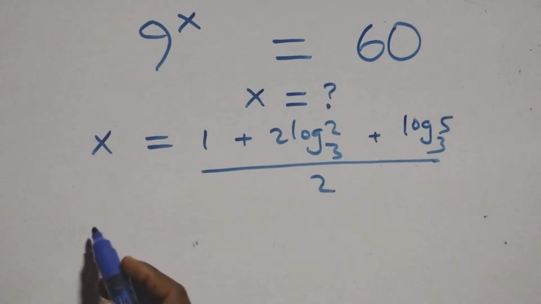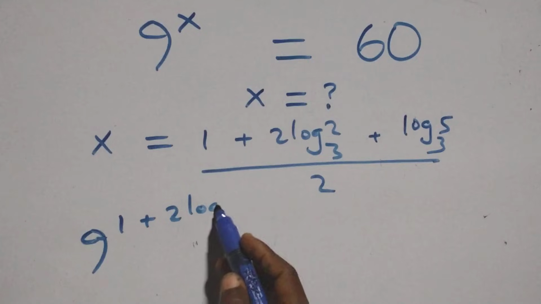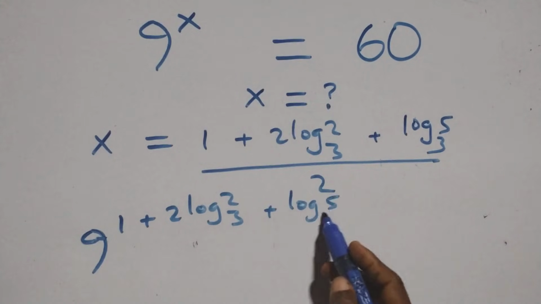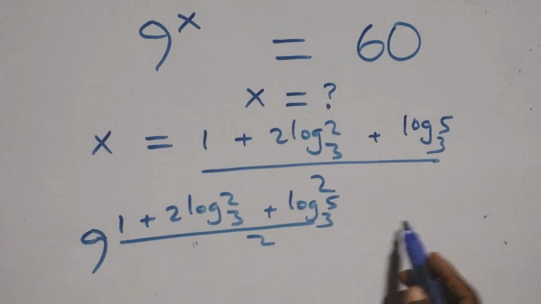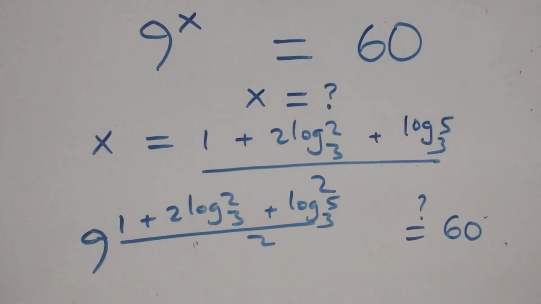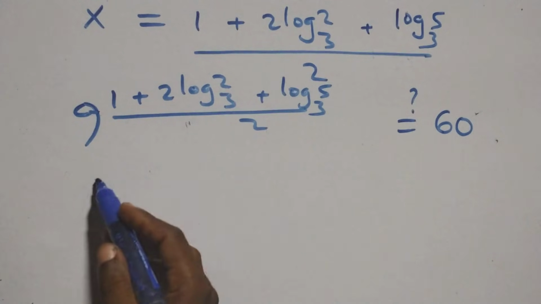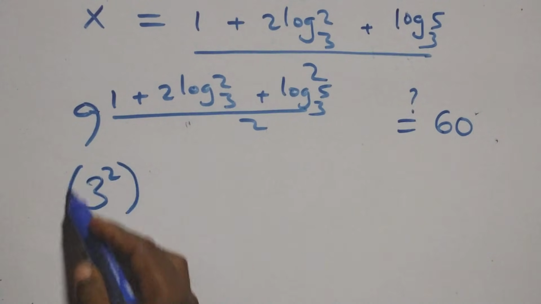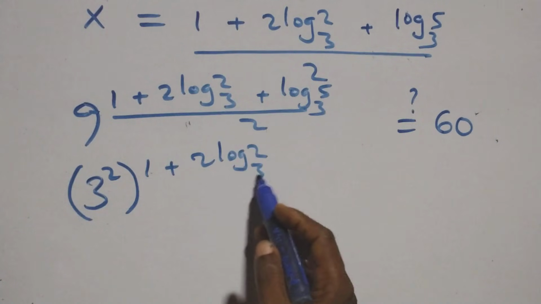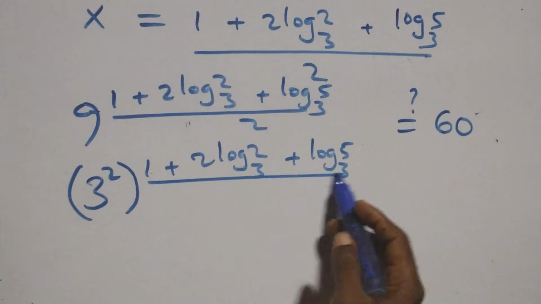Then what we have here becomes 9 raised to power 1 plus 2 log 2 base 3 plus log 5 base 3 all over 2, is it equals to 60 on this side. Then next step here, we can express 9 as 3 square, which is raised to power 1 plus 2 log 2 base 3 plus log 5 base 3 all over 2.